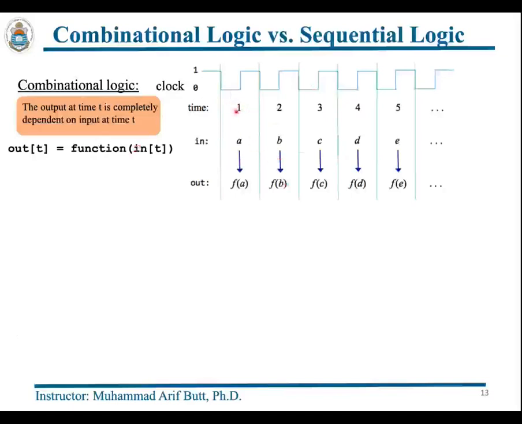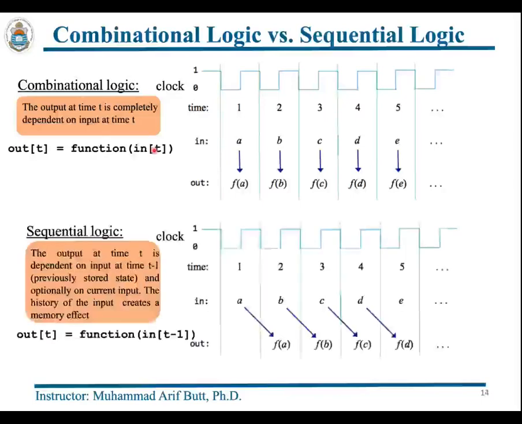For example, for the time duration 1 with input A, the output is some function of A. Similarly, for this time duration 2 with input B, the output is some function of B, and this process goes on. So let me say that again: a combinational circuit is a circuit in which the output at any time t is completely dependent on the input at that very time. Output at time t is actually a function of input at that time.